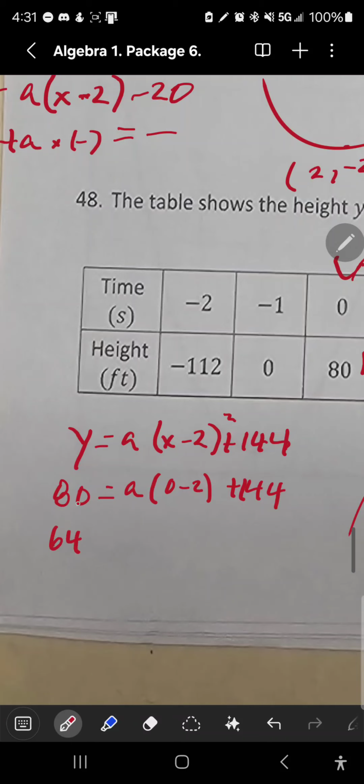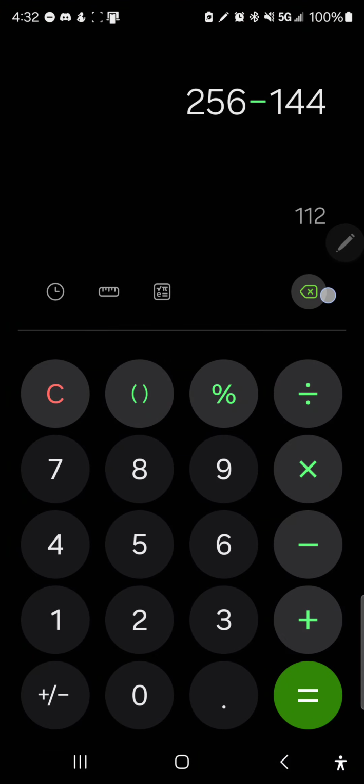I have negative 64 here, like 80 minus 144. Equals a times (0 minus 2) squared, which is 4. Then I divide both sides by 4. And I have that a equals 16. Wait, 64 divided by 4, I think it is 16.